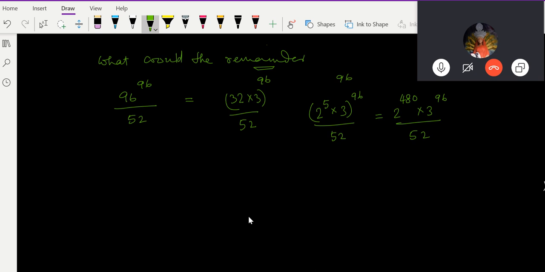So I cancel 2 square with 2 to the power 480 and write 2 to the power 478. So my number becomes 2 to the power 478 into 3 to the power 96 divided by 13.